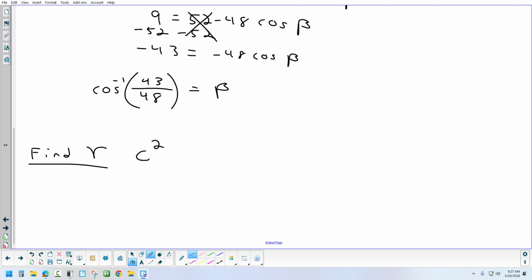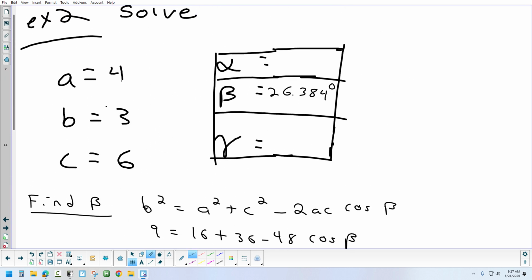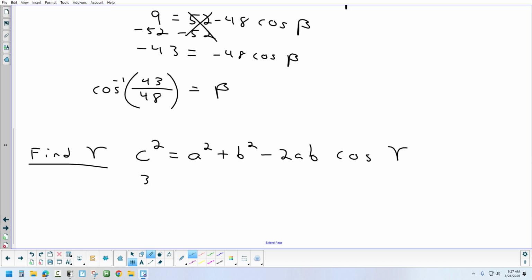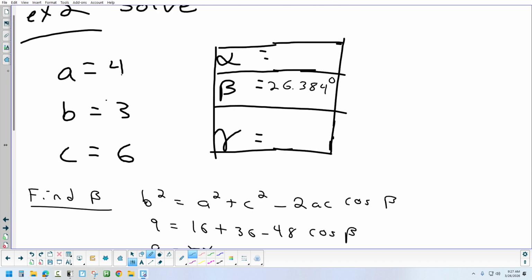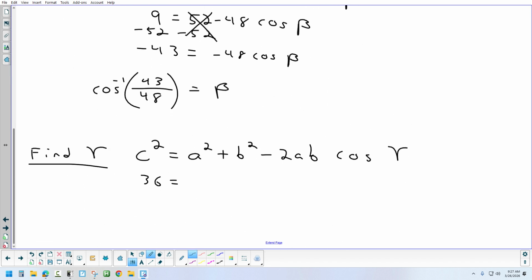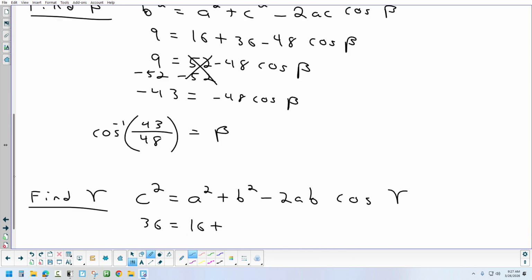C squared equals A squared plus B squared minus 2AB cosine gamma. Okay, and now we fill it all in. So C squared, 36, A squared, 16, B squared, 9.